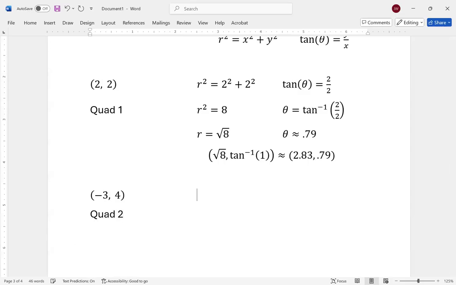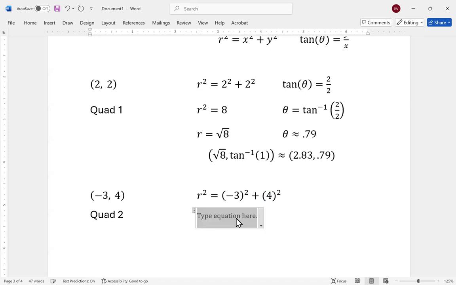The r is going to be calculated the exact same. r squared is equal to x squared plus y squared. x here is -3, y here is 4. So we get 9 plus 16. Square root of 25 is 5.